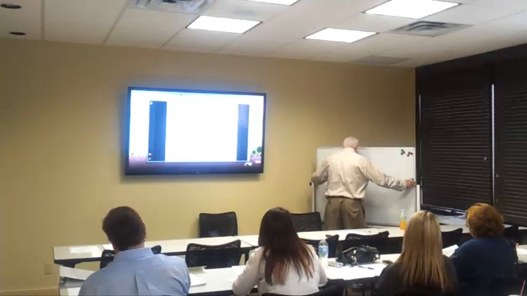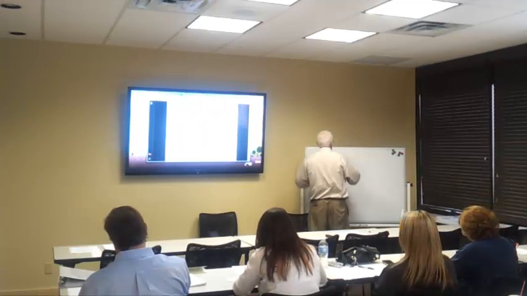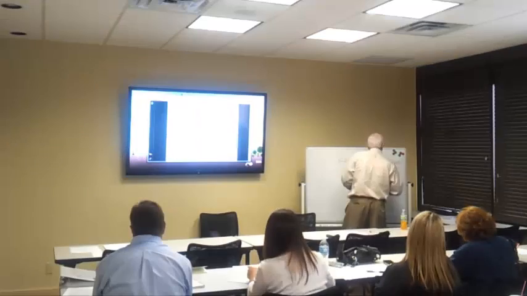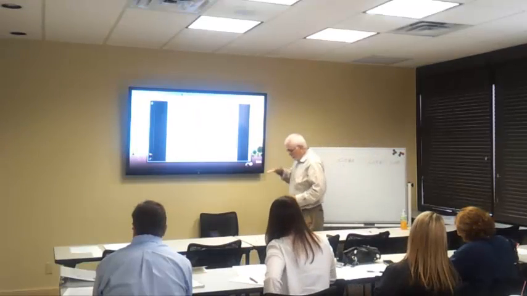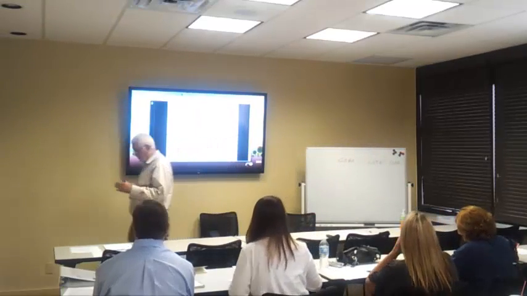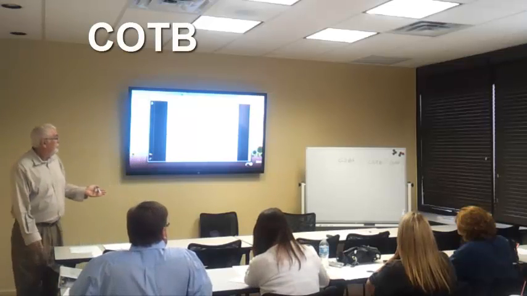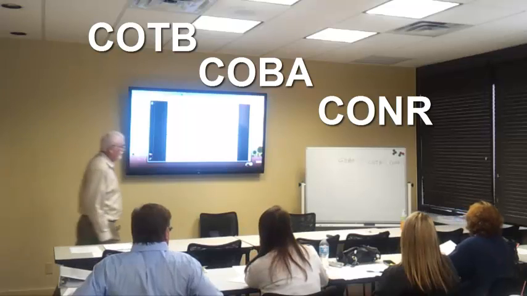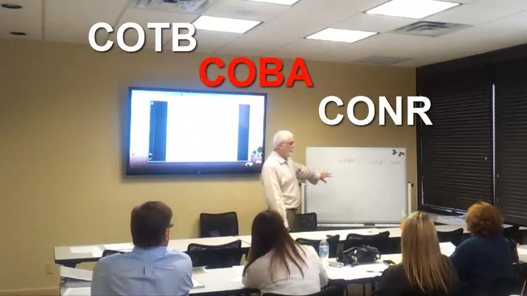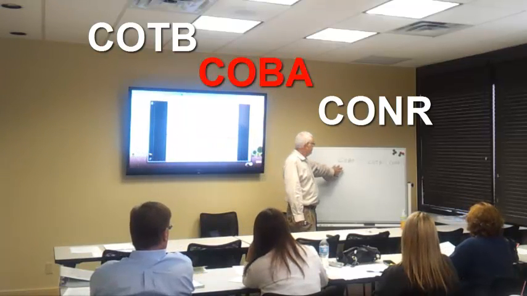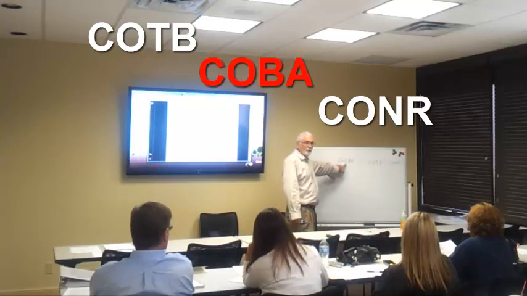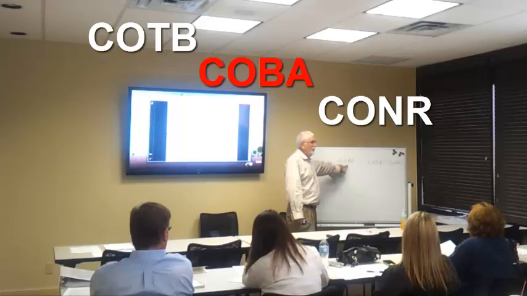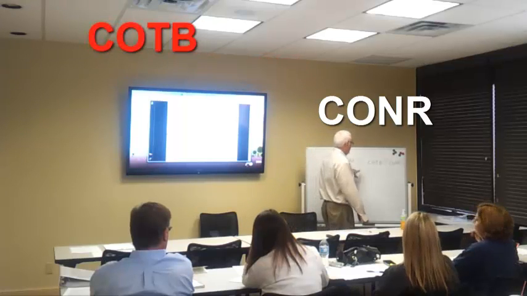In the MLS, when you get down to where the commissions are, you're going to see this. You will see down where they show the commissions, you'll see COTB, COBA, and CONR. What does COBA stand for? Cooperating office, buyer's agent.